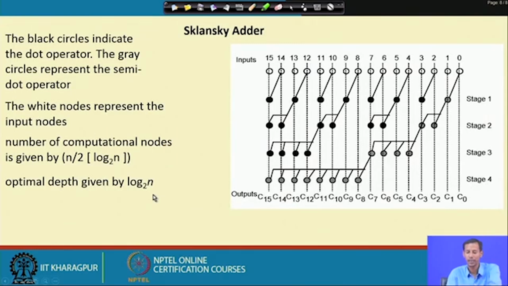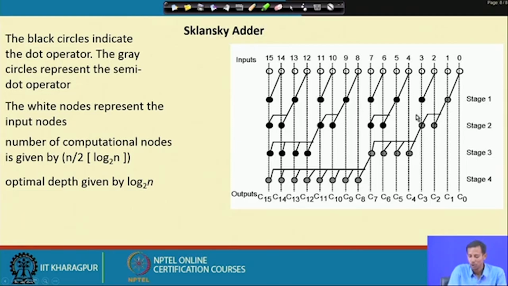Okay. So, how can we do that? Suppose I have 16-bit inputs, that means a 16-bit addition I require. So, this white color box is nothing but the DFG of this parallel prefix adder, which is known as the Sklansky adder.